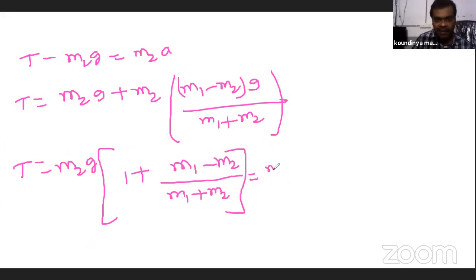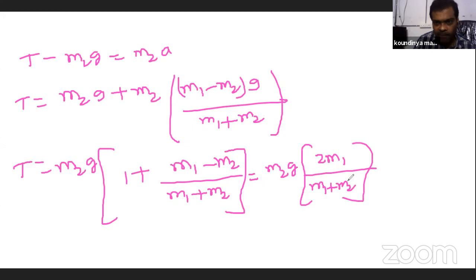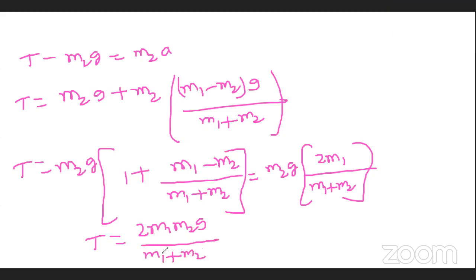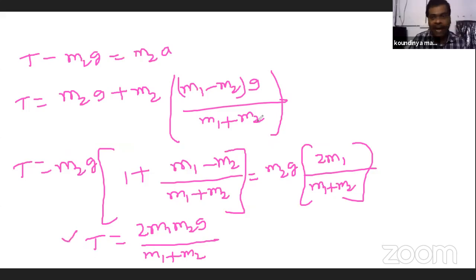That is nothing but M2G into 2M1 by (M1 plus M2). So tension T is equal to 2M1M2G divided by (M1 plus M2). That means this much force must act to bring M1 and M2 into equilibrium.